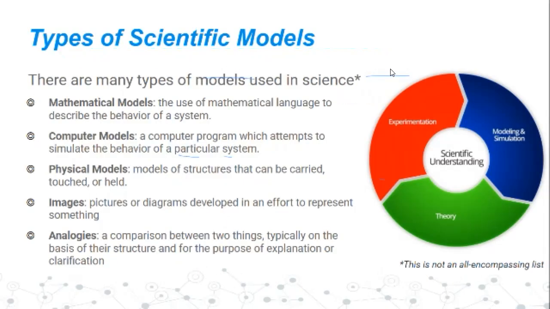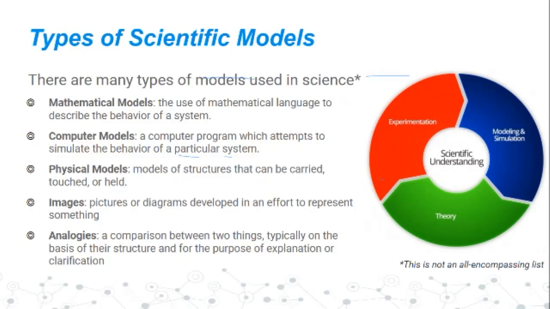We have several types of scientific models. We have mathematical models, which use mathematical language to describe the behavior of a system. We have computer models, which attempt to simulate the behavior of a particular system. Then we have physical models, which can be touched and held.